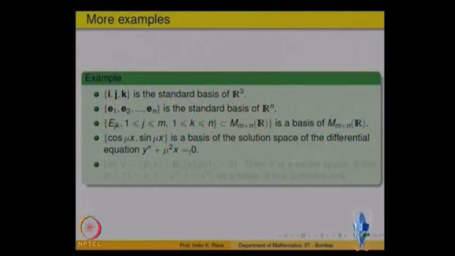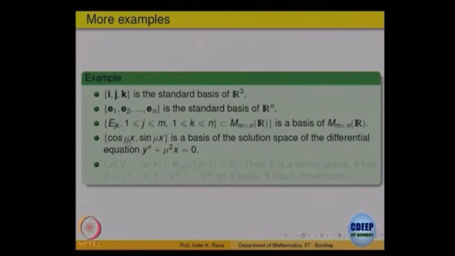Let us look at this thing, we will come back to it in differential equations. If you look at this equation, y double dash plus mu square y is equal to 0, it is given that cos mu x and sin mu x form a basis of the solution space. So, what does solution mean?